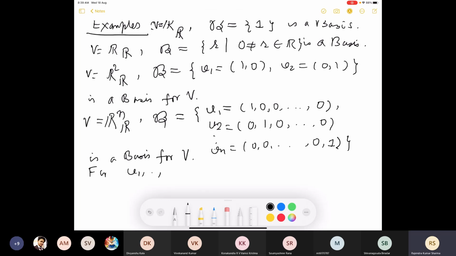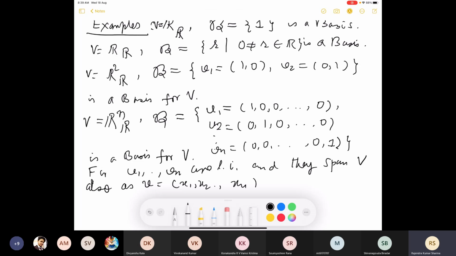For V1, V2, ..., Vn are linearly independent and they span V also, as every vector, say (x1, x2, ..., xn), can be written as x1 V1 plus x2 V2 and so on, plus xn Vn.